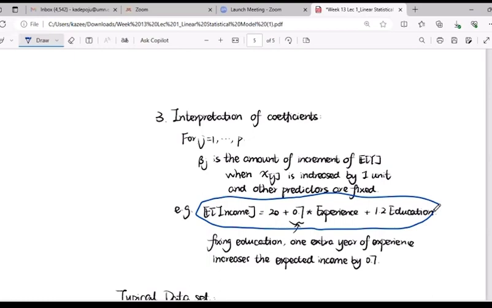That's what it means. Fixing education, one extra year of experience increases expected income. You have to mention expected because it's an average.